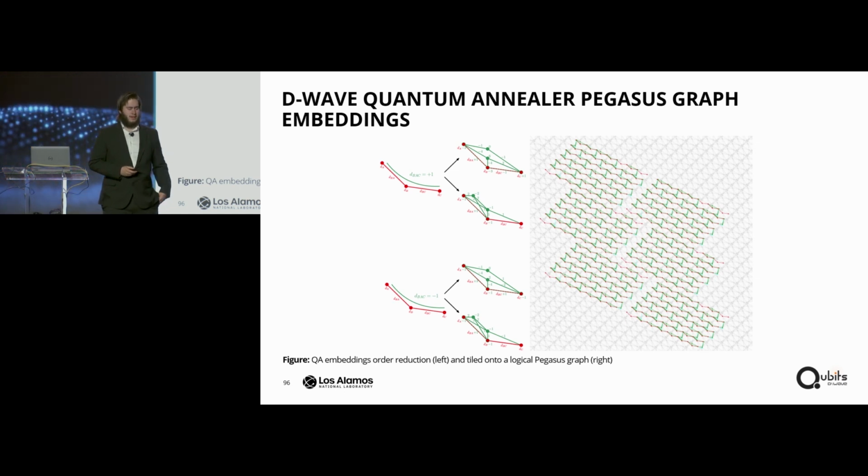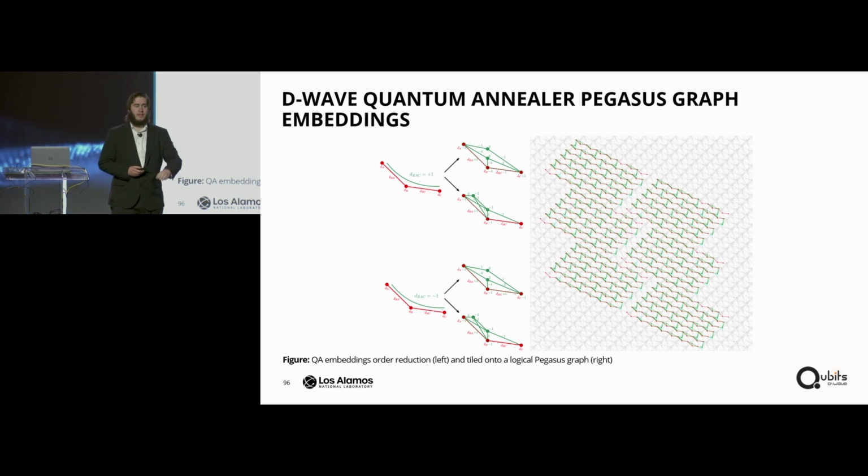On the left-hand side, we're showing these little order reduction gadgets, if you like. For each higher order term, we found a way to create an order reduction that matches the Pegasus graph exactly. Because we have different coefficients, we have to swap between them alternatingly as we embed these onto the Pegasus graph.